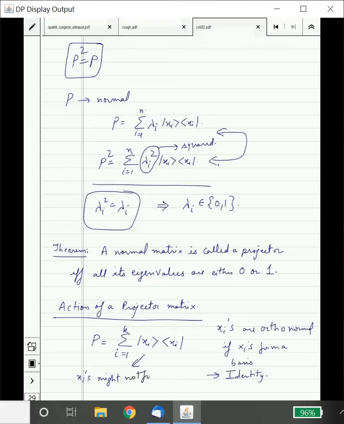The only time when they will form a complete basis is when I'm talking about identity. That is why you notice that this is not the complete dimension of the system. P is an n cross n matrix, but I'm only writing i equal to 1 up to k. The rest will all go to the 0 eigenspace.